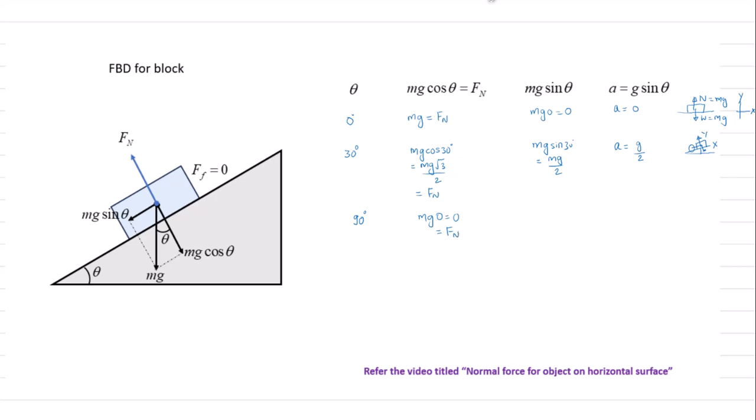There will be no normal force acting on the block. And mg sine theta will be mg sine 90, which is mg. And acceleration will be equal to g sine 90, which will be equal to g.